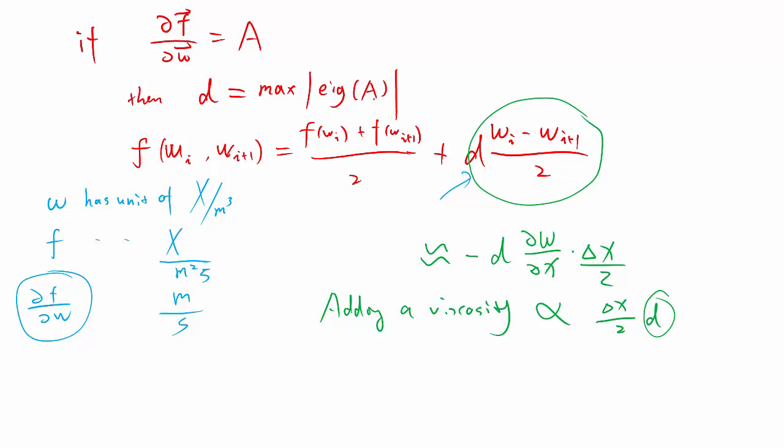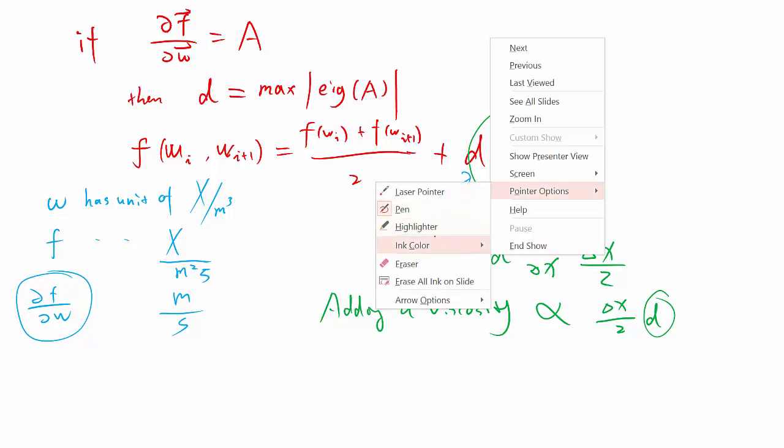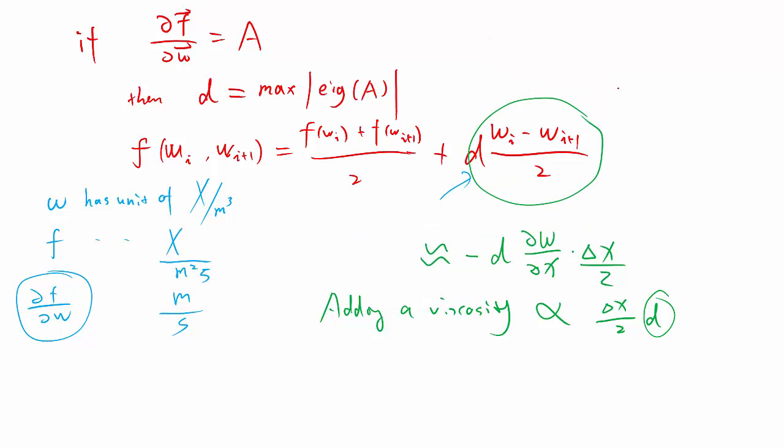This viscosity goes to zero. Okay, good question. The question is, how do we handle physical viscosity? We have not talked about how to handle physical viscosity yet. But if you do have physical viscosity, the way to handle it would be to have two terms, right?